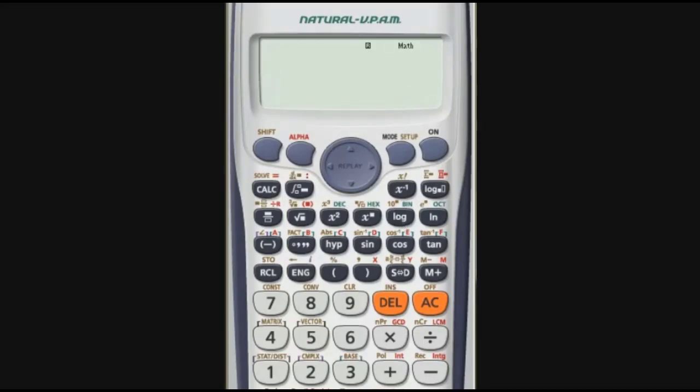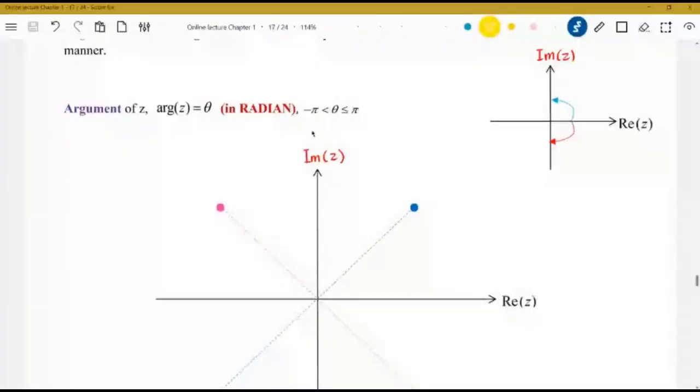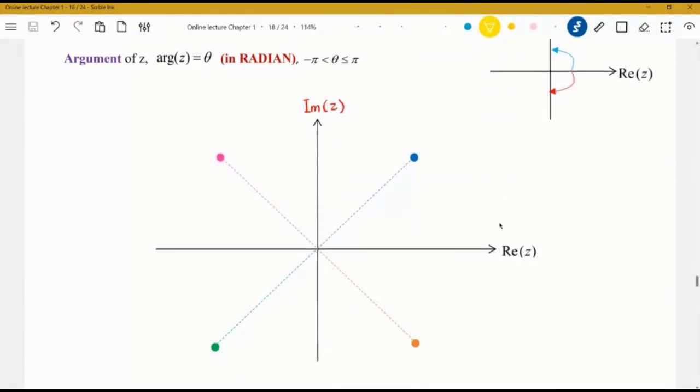Alright. Okay, so we continue with the finding the argument. Okay, so ingat kena dalam mode radian. Okay, so first thing first, kita kena tahu location of complex number. Okay, so untuk kuadran yang pertama, dia adalah positive A and positive B. Sebab kita tahu complex number adalah Z equal to A plus BI. So A positif, B positif, dia akan jatuh pada kuadran yang pertama. Okay.